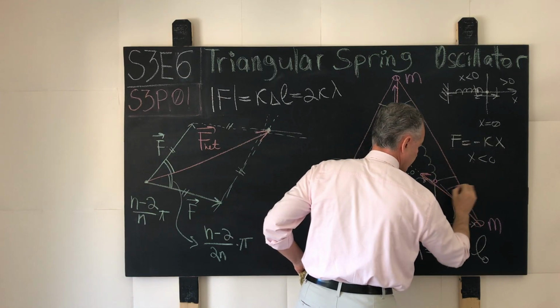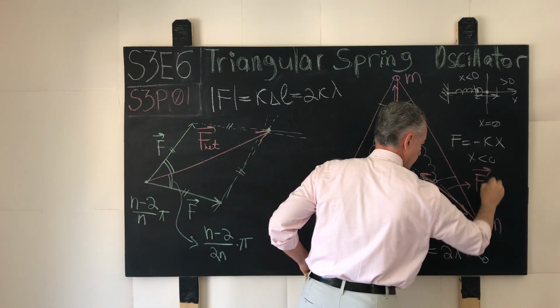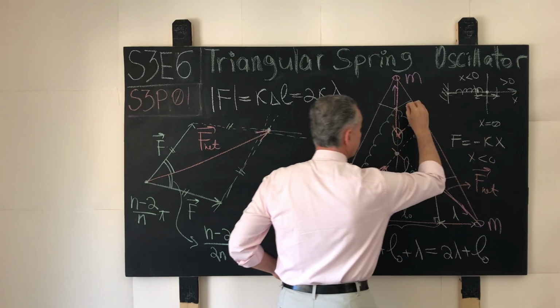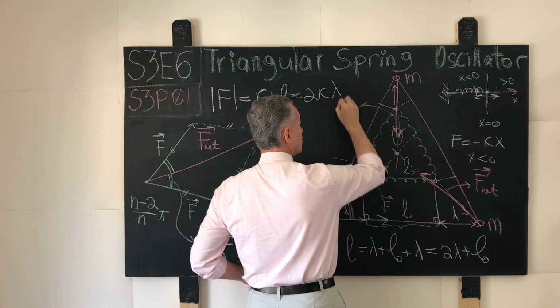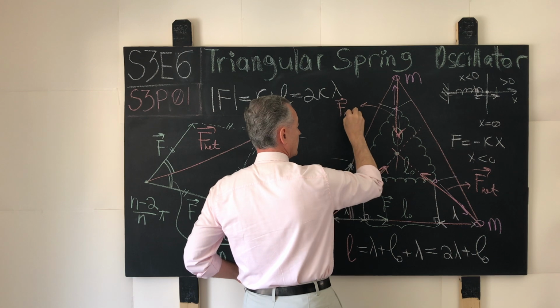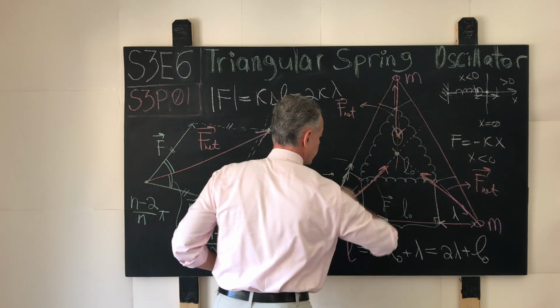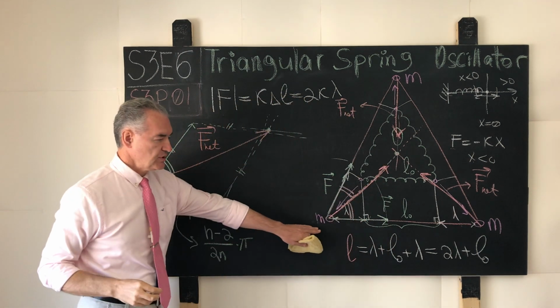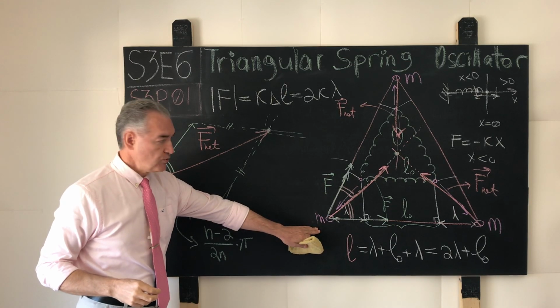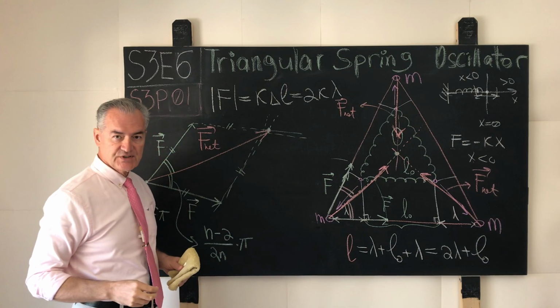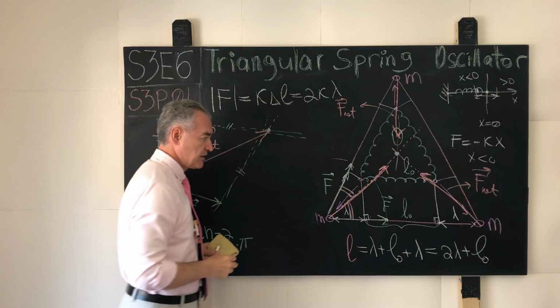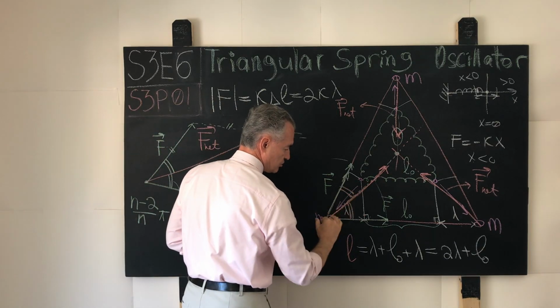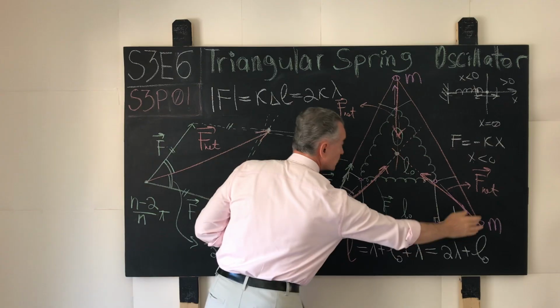So this force will be F net, and this force over here will be F net. So these three forces act on each one of the point masses, and these are the forces that generate the corresponding harmonic oscillation of each point. This one, and this one.